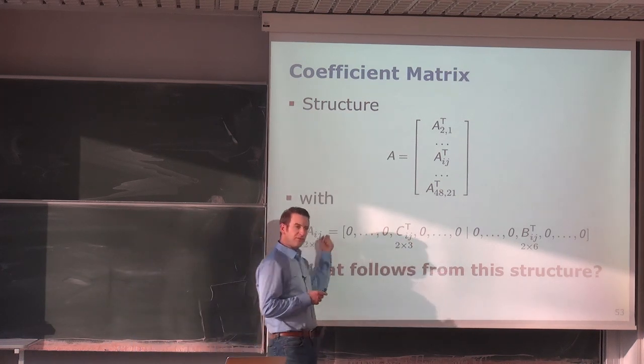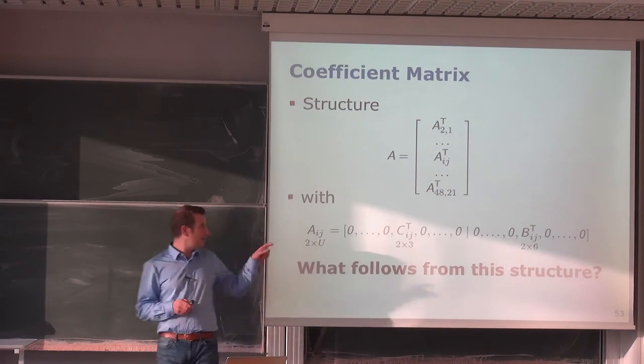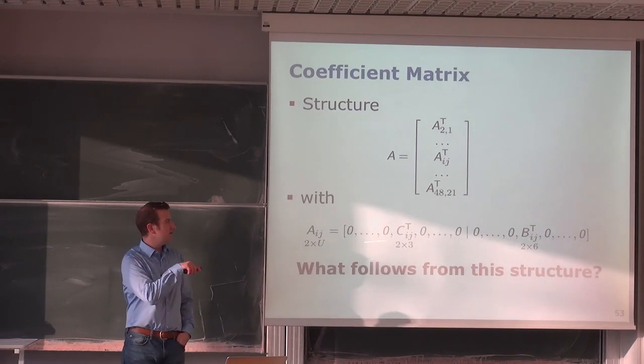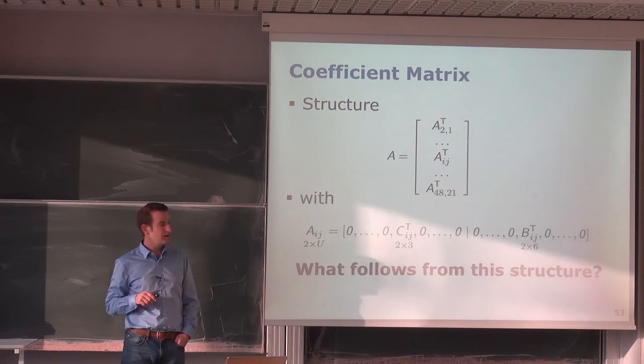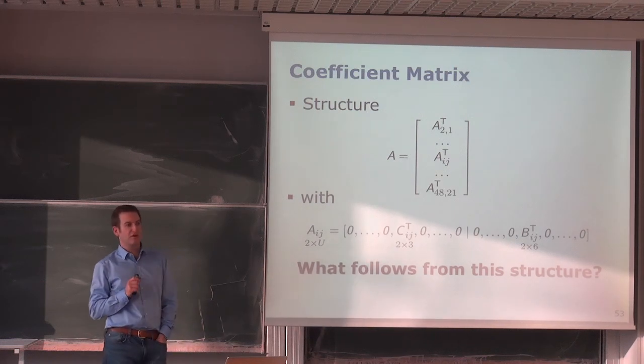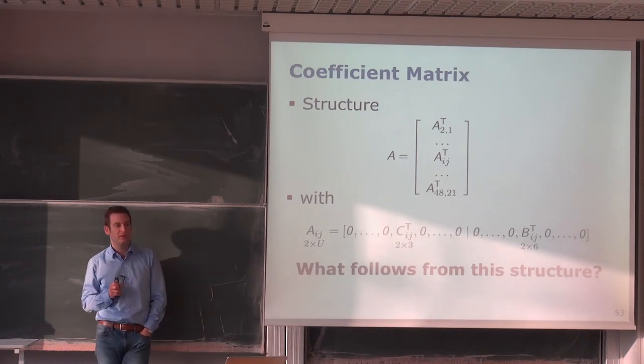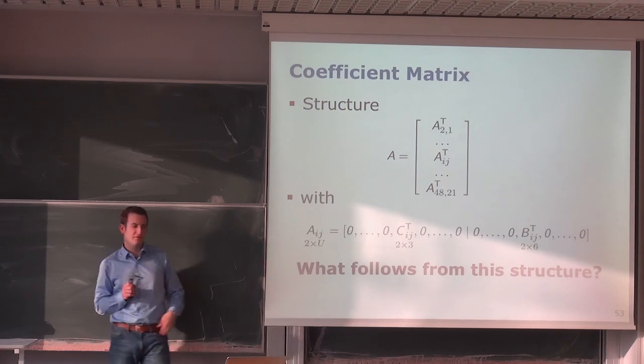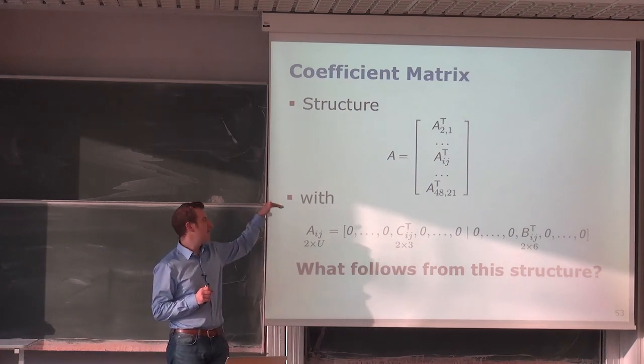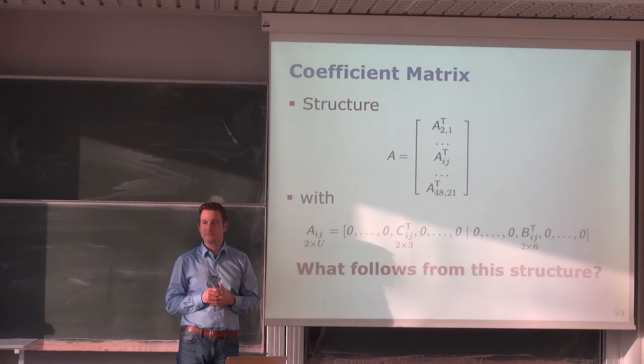So what follows from such a structure? If A has this form, this Aij, what does this structure imply? So I do this for the first observation, second, third, fourth, fifth, and so on.